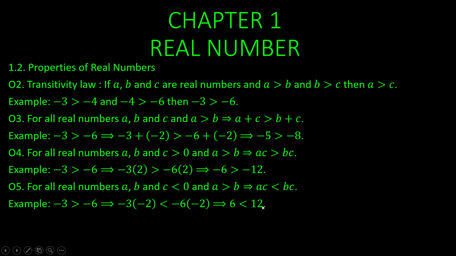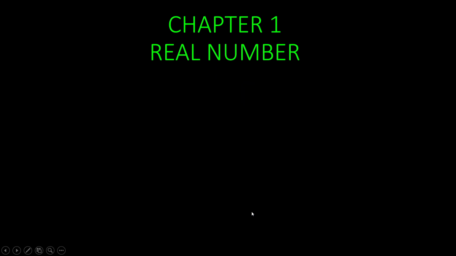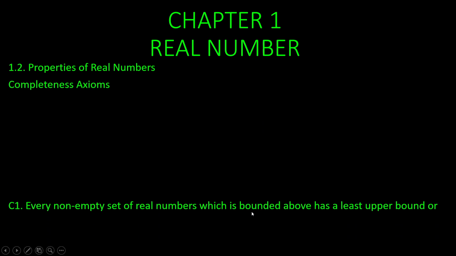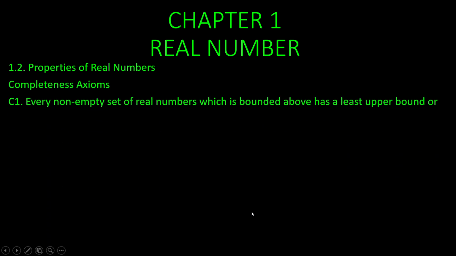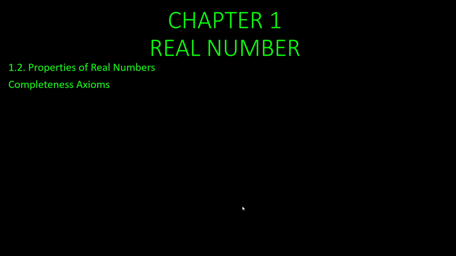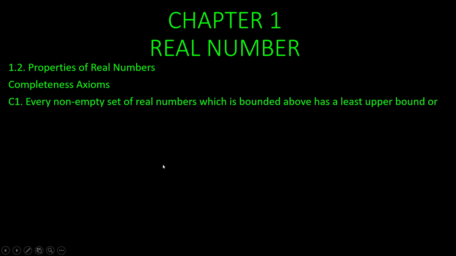For example, minus 3 is greater than minus 6, but if we multiply both sides of this inequality by minus 2, a negative number, then we will find it will be 6 and 12, and it is clear that 6 is smaller than 12, so the greater than sign becomes the smaller than sign.